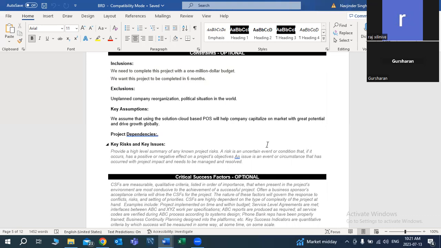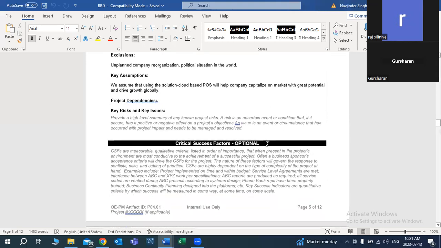Followed by this, project dependencies. What is meant by project dependency? What project dependencies have you seen in this document? Can you identify? The risk, the issues.